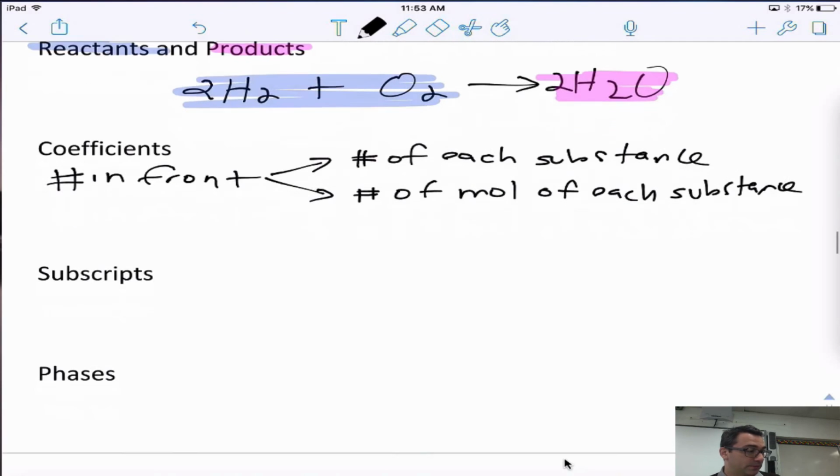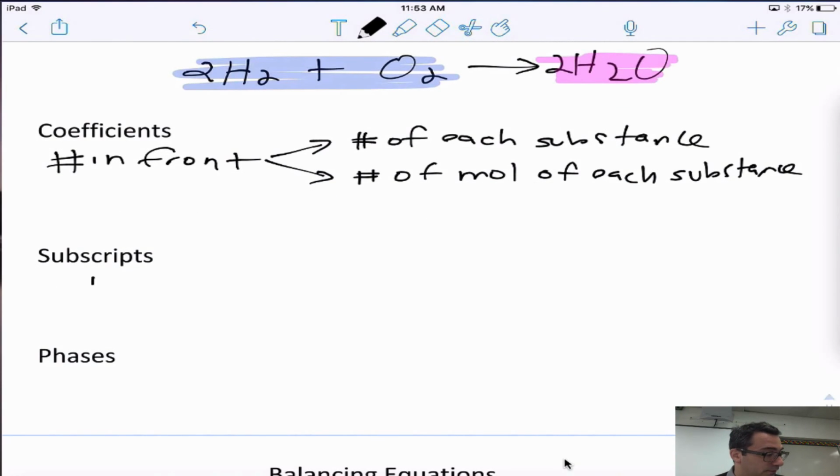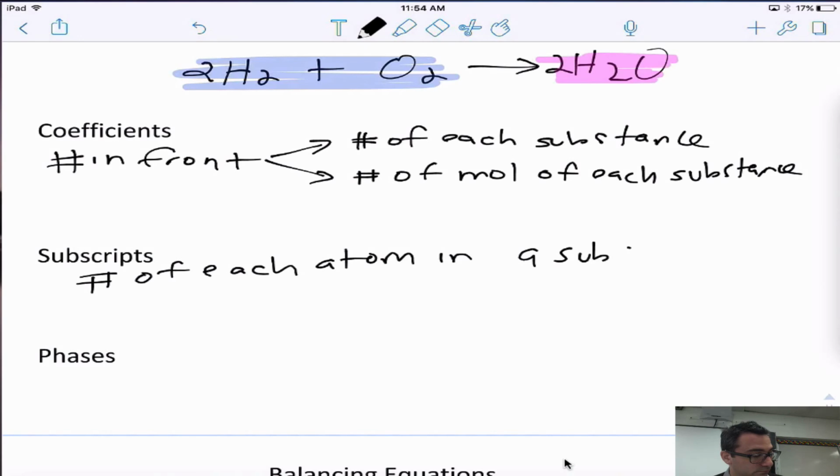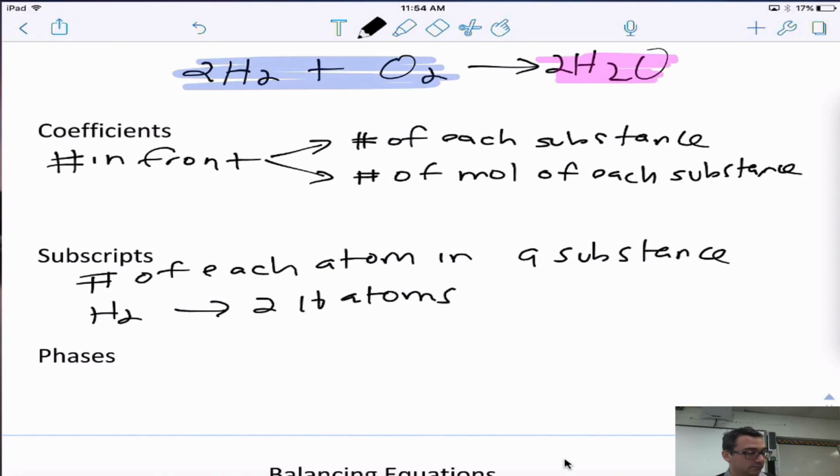The subscripts are the number of each atom in a substance. So if I have H2, that means I have 2 H atoms. We multiply the coefficients times the subscripts, and we get the total number of atoms.